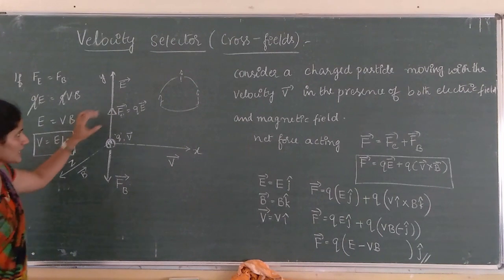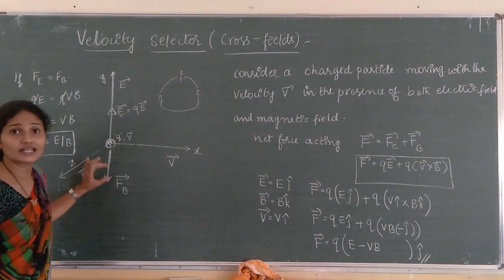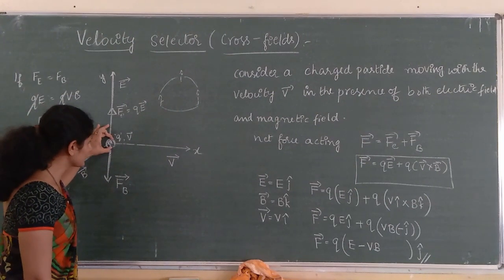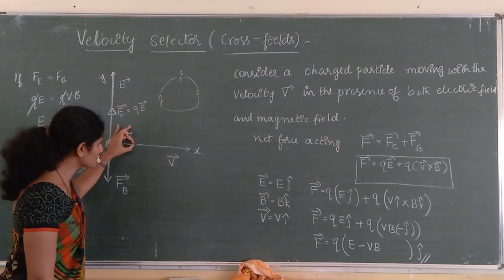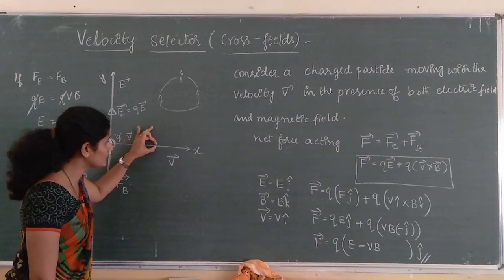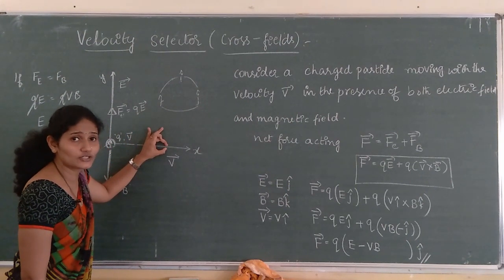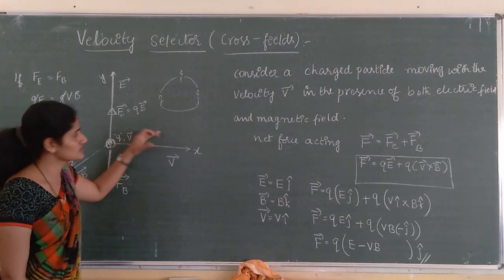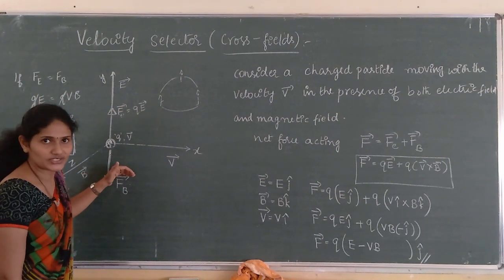field. If Fe and Fb are equal, then this charged particle will move in a straight line or it will go undeflected, because the net force acting on the charged particle will be 0, because they are equal and opposite to each other.